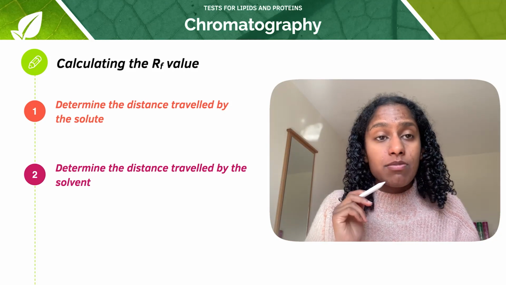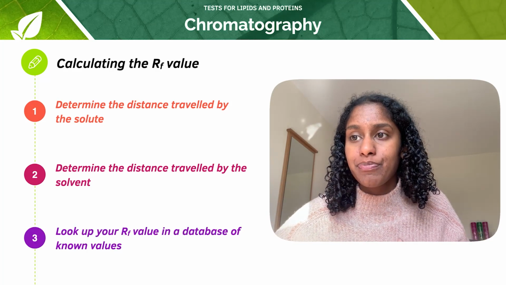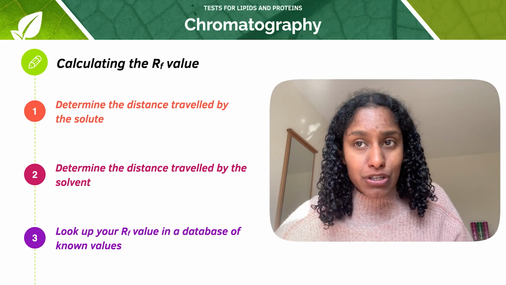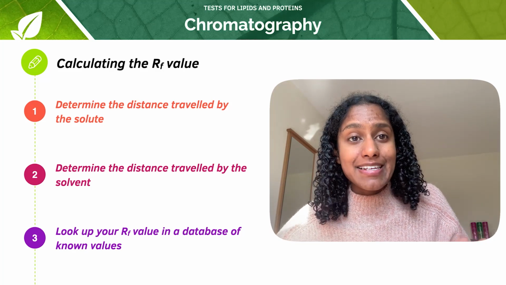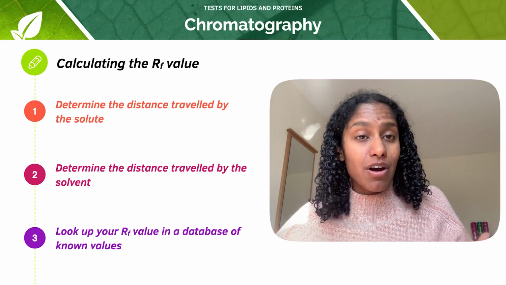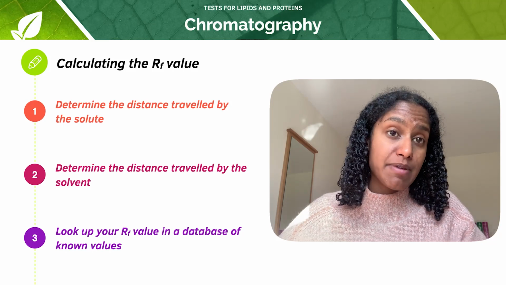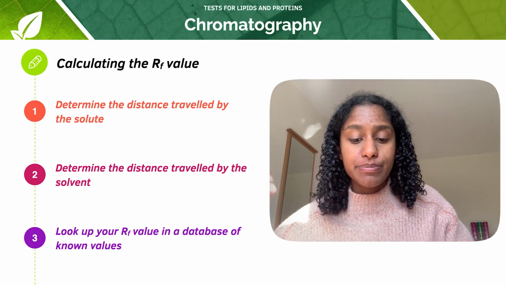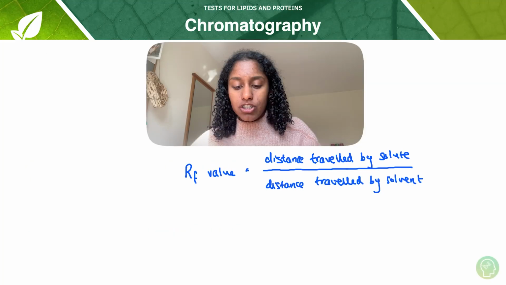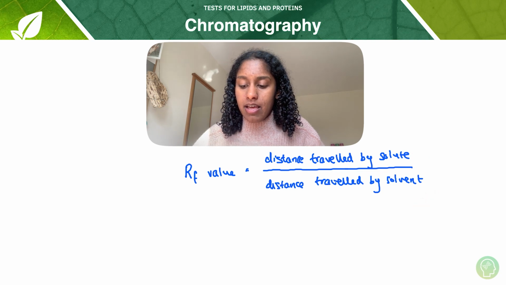So we measure the distance from the point of origin to the solvent front on our stationary phase. And then we plug those two measurements into our equation to calculate the RF and compare this RF value to a set of known RF values, and that's how we find out which RF value we get in our experiment corresponds to a definitive RF value of a molecule. So just to show you, you're going to plug one number into here, one number into here, and you're going to get your RF value.